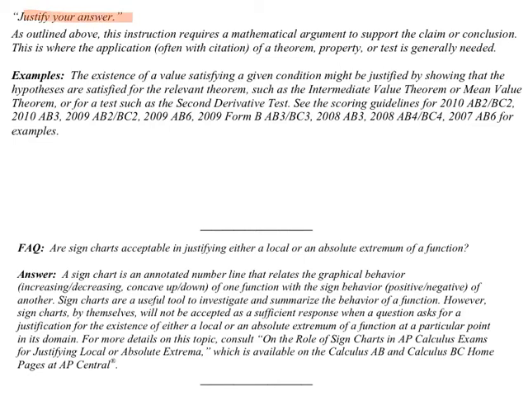And they keep at it. They keep talking about justification, okay? It requires a mathematical argument to support the claim or conclusion, where you can cite a theorem, a property, or a test. And when you're citing those, you don't need to call them by name. You just need to explain the goods. So you don't have to say "by the Intermediate Value Theorem."